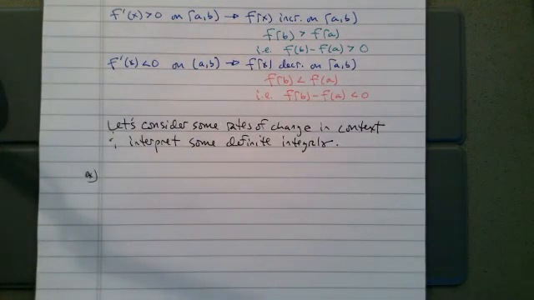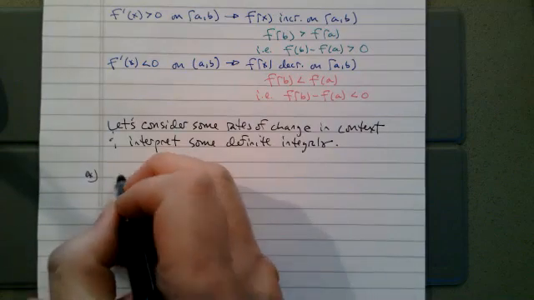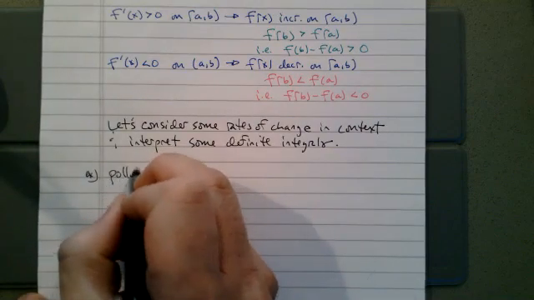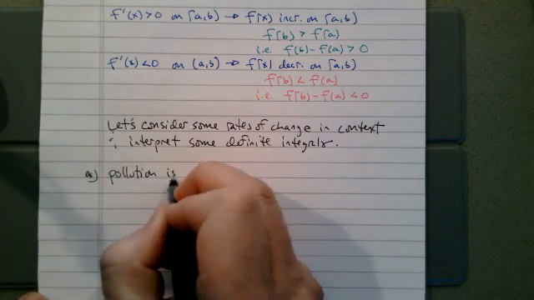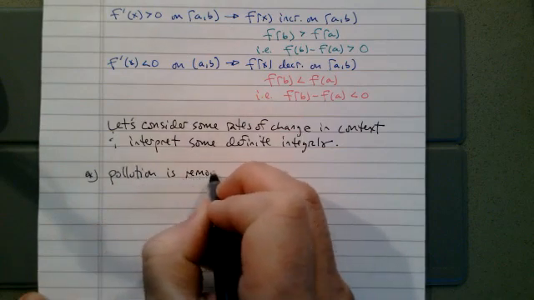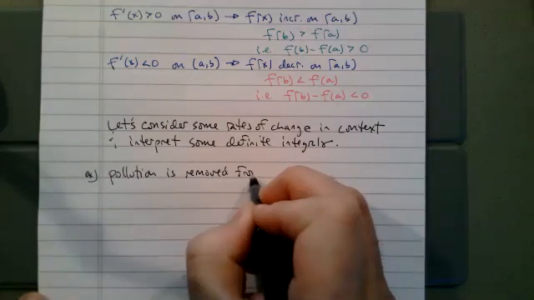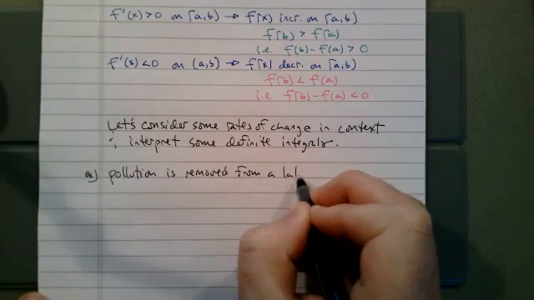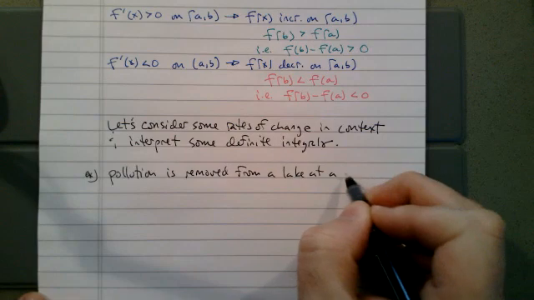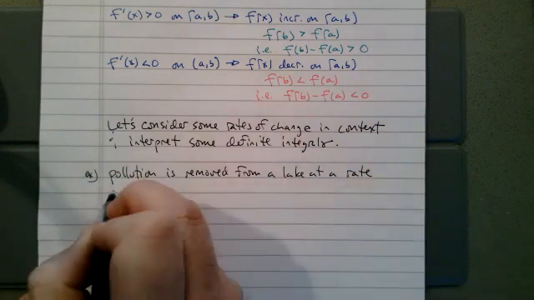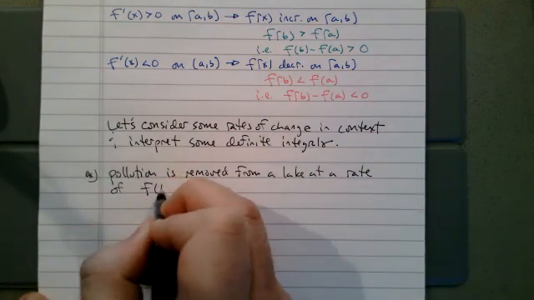I'm just going to steal this example because I always go for position, velocity, acceleration. So let's put that one aside and look at, well, secretly just a different velocity. Let's suppose that pollution is removed from a lake at a rate of f of t.